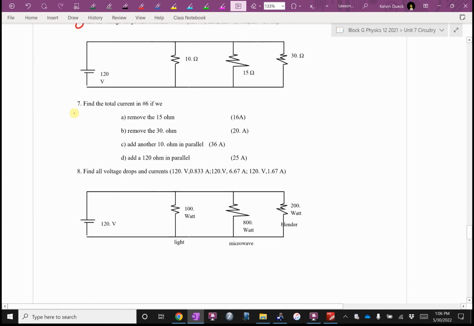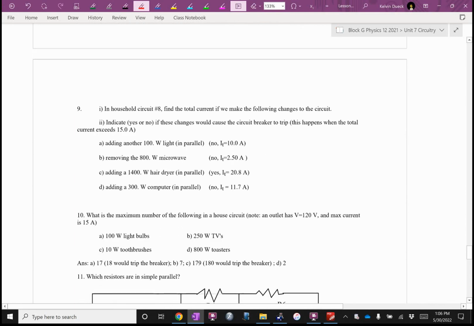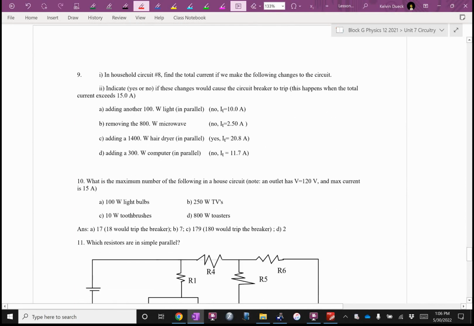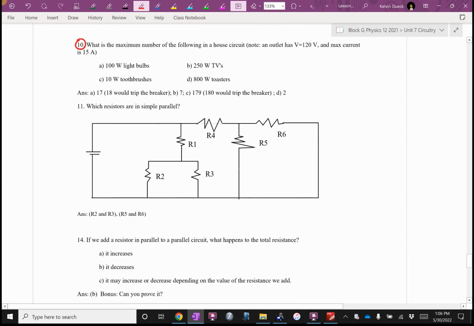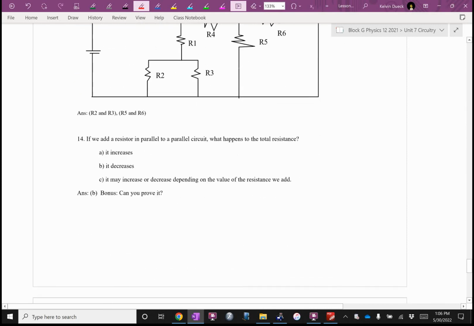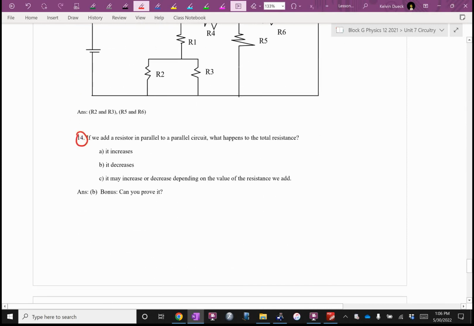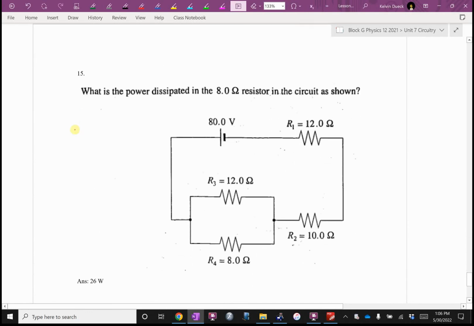I'll skip 7. 8 is good. Skip 9. 10 is good. 11 and 14. 15, here's an old provincial exam question.